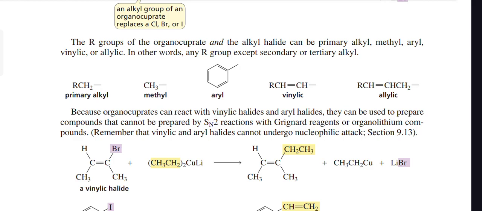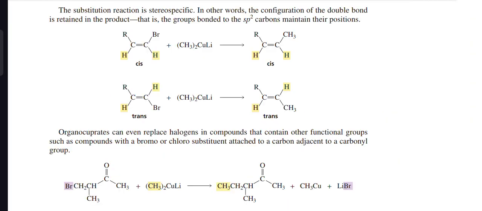Remember that vinylic and aryl halides cannot undergo nucleophilic attack. The substitution reaction is stereospecific. In other words, the configuration of the double bond is retained in the product. That is, the groups bonded to the sp2 carbon maintain their positions.